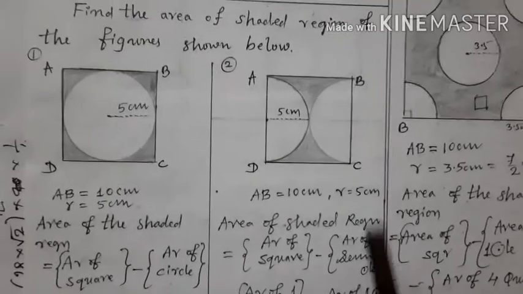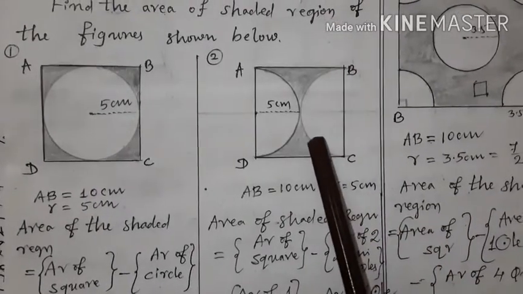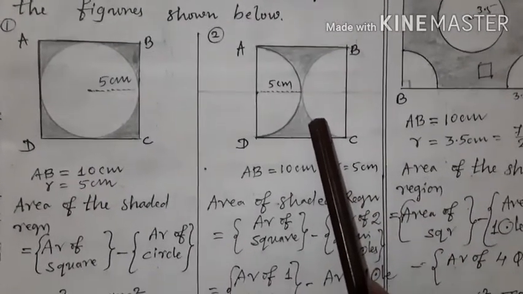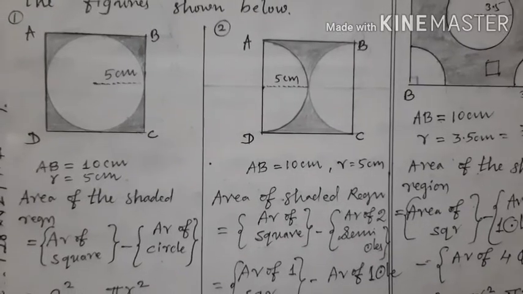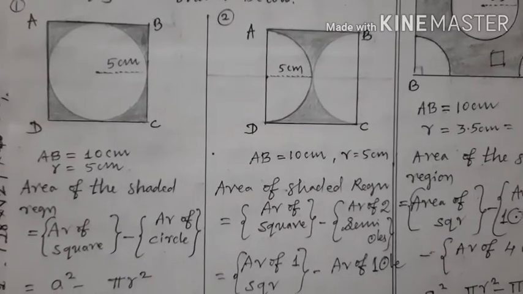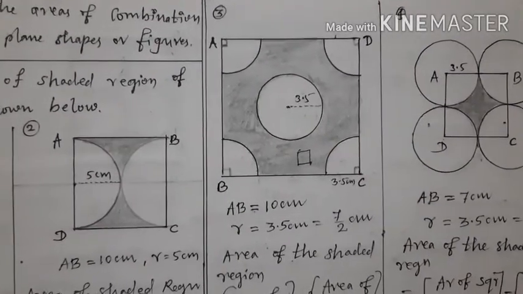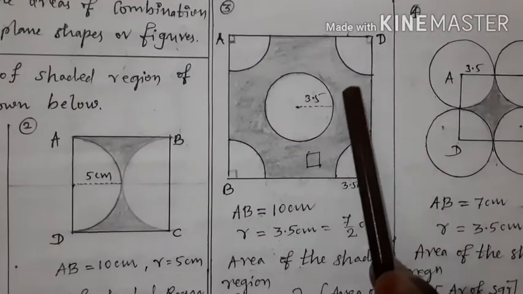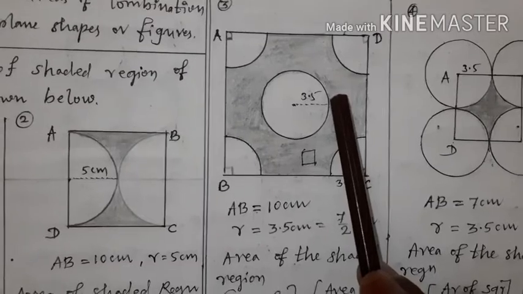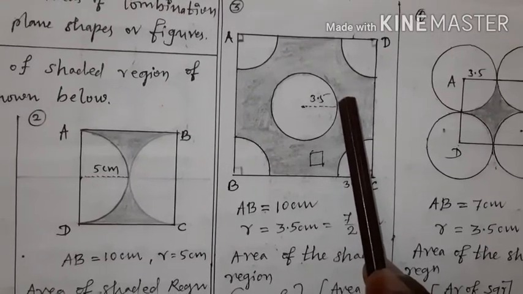Therefore children, the area of this shaded region is 21.42 centimeter square.